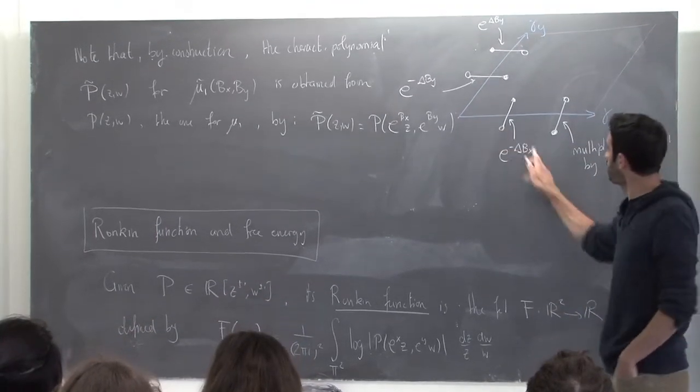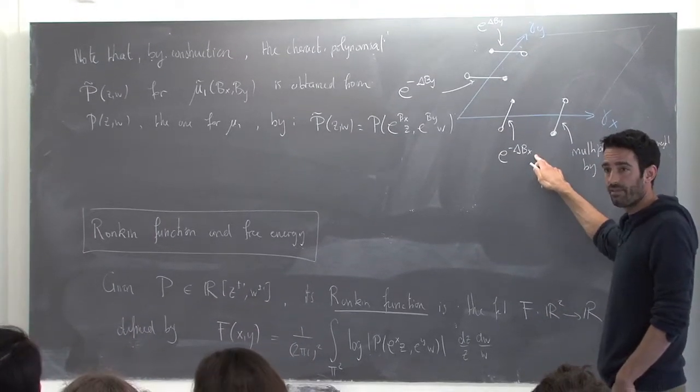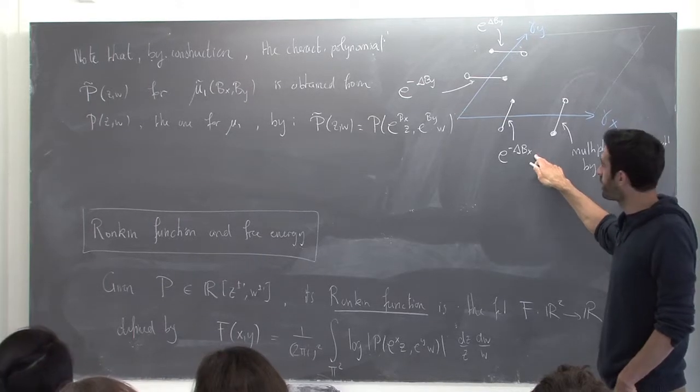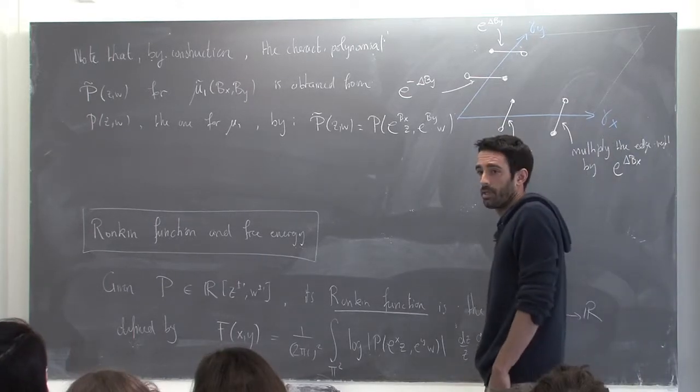Right? This is simply this drawing that I have here and the definition of the characteristic polynomial. There's nothing more.